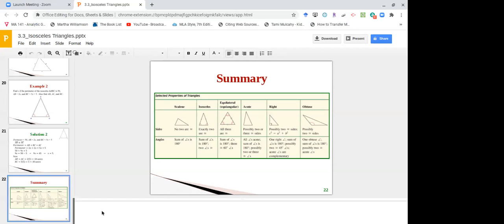Now let's take a look at, I'm going to stop sharing this screen here, and I'm going to go to my other screen share for another piece of your lesson. Another piece of your lesson this week is the inequalities that define triangles.